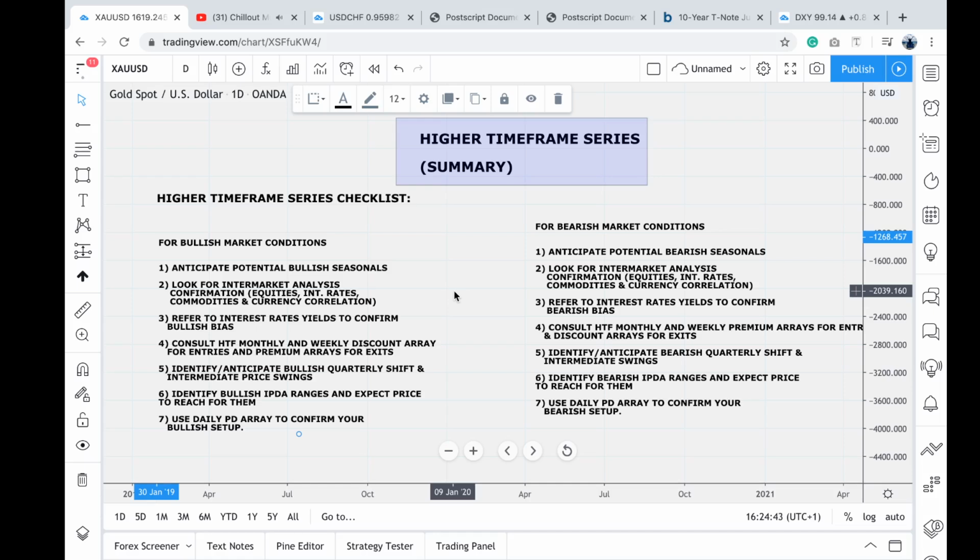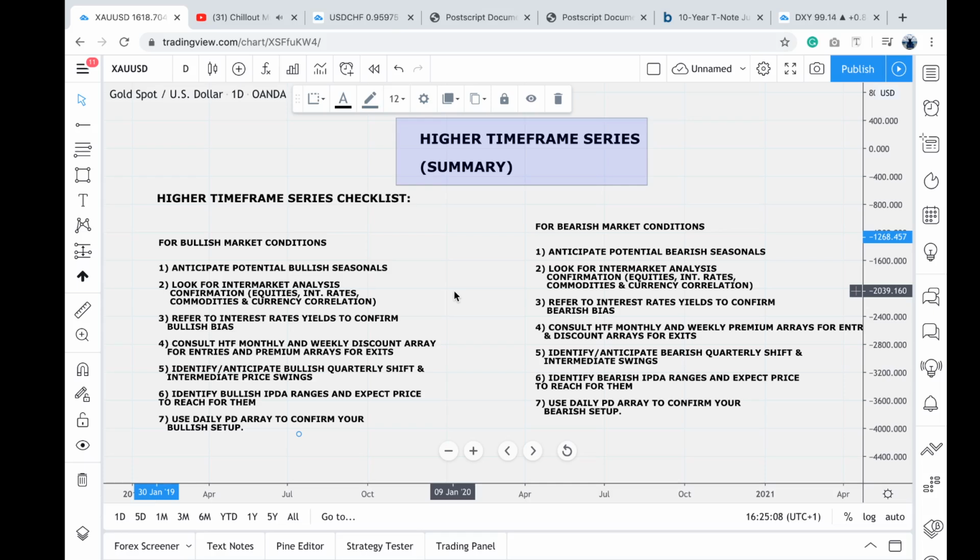All right, so the next thing to cross off your checklist is to look for market analysis confirmation, and this is basically fundamental analysis. Before you go straight into the technicals, you've got to identify fundamentals by looking at equities, which is the stock market, interest rates, commodities, and currency correlation.